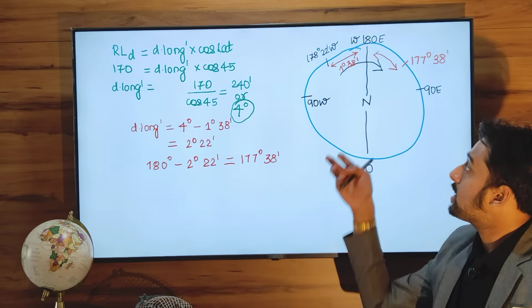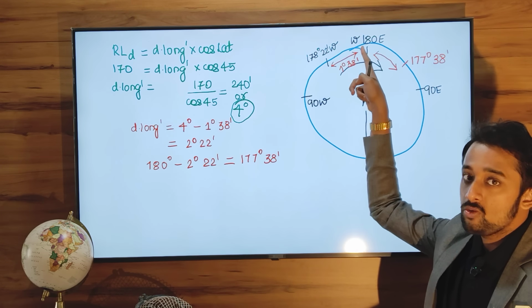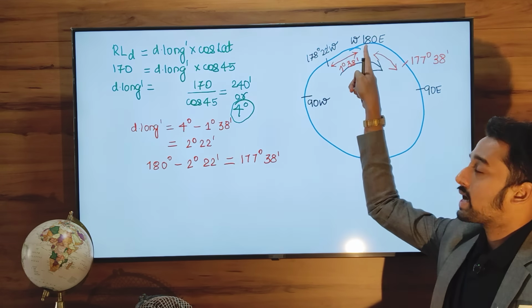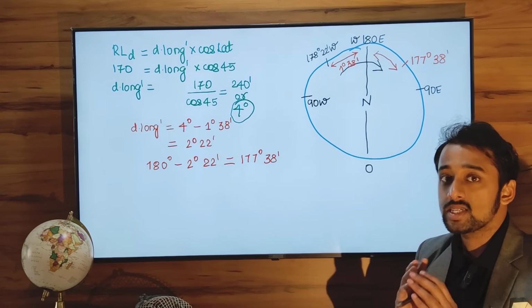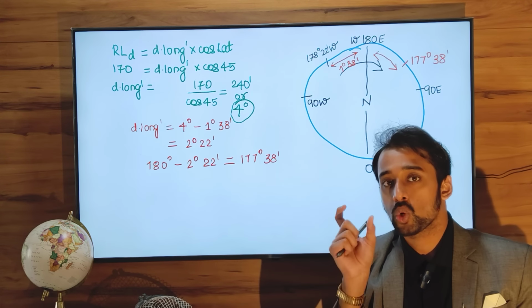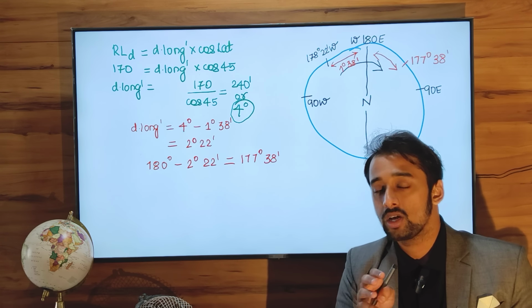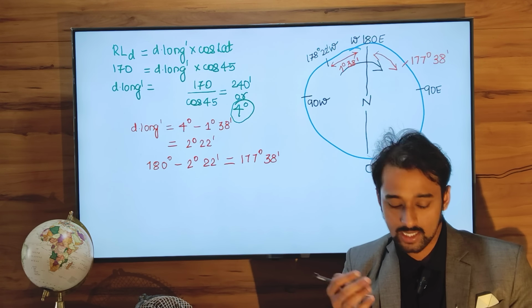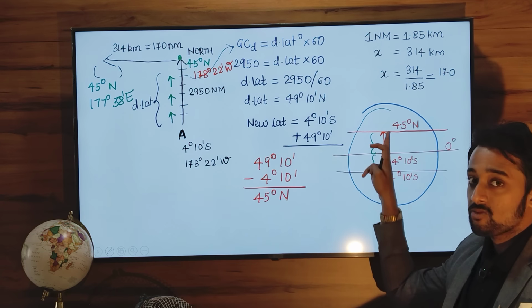Out of that 4 degree, 1 degree 38 minutes were traveled from the initial position to the 180 degree anti-meridian, and the remaining d long was traveled from the 180 degree anti-meridian to the final destination. So this is how you will have to divide a total d long into two parts, if and only if the locations, departure and destination, are in different hemispheres. Like we saw in this case, for latitude, one was in south, one was in north.